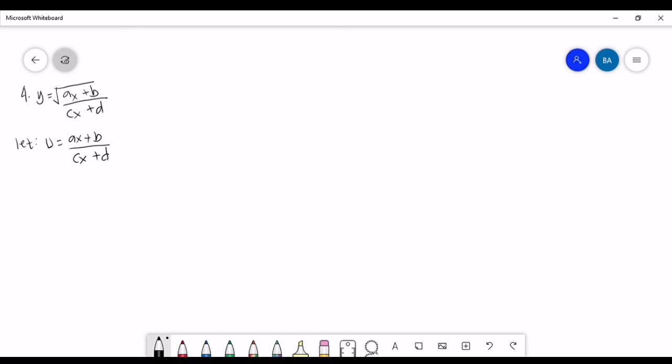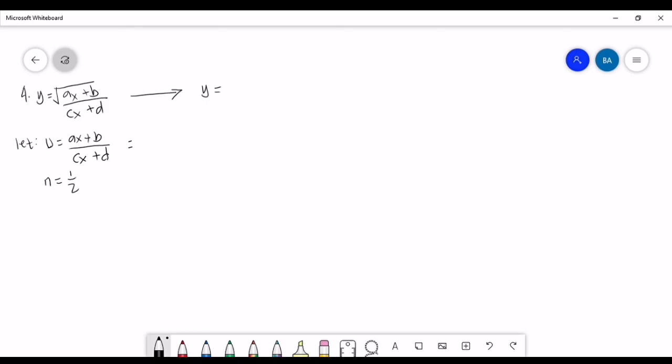So at this point, if we let u, we could rewrite our first example into y is equal to the square root of, okay, so we let our n be equal to 1/2.